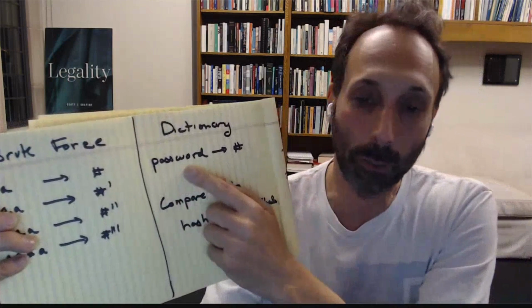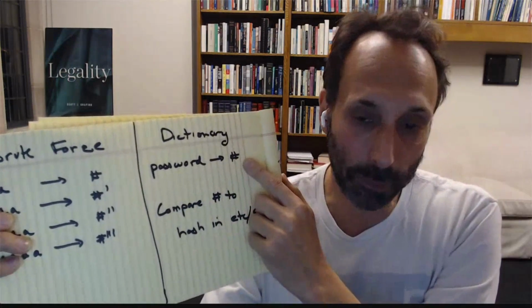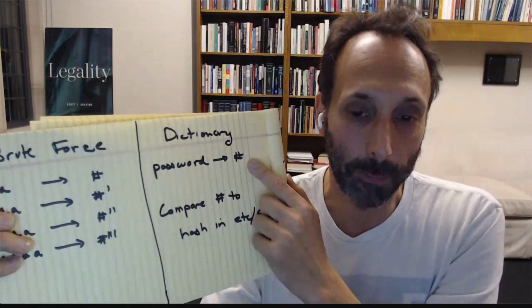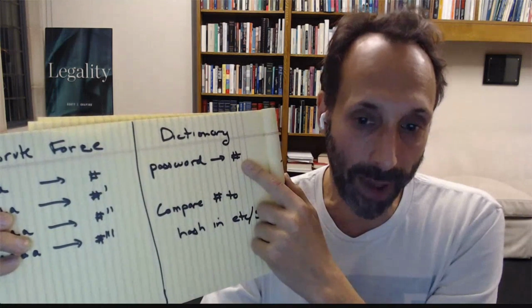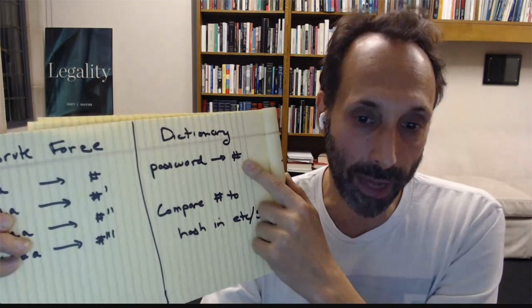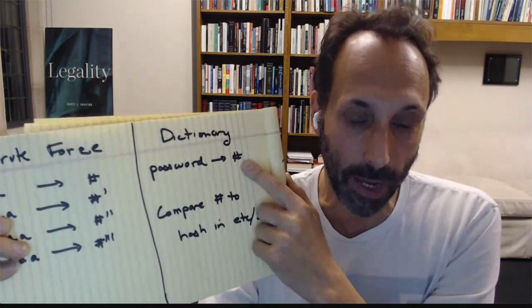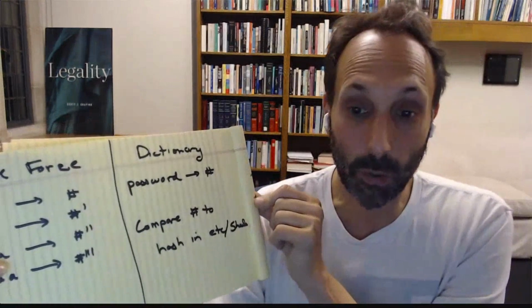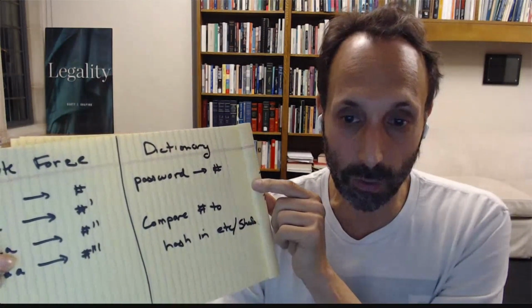So if you take the word password, compute the hash, because lots of people use the word password as their password, and the hash of password equals the hash in the etc shadow file, we'll know that the password is password.